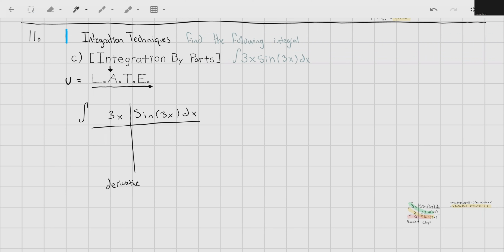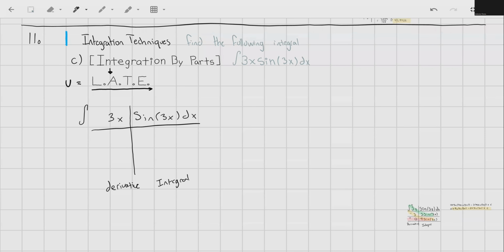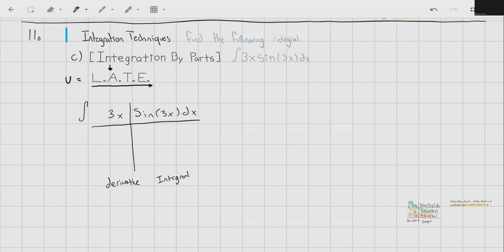The right side is the integral. So we're going to take the derivative until it gets to 0. Next derivative of this one is just 3. Next step just becomes 0. So we stop there. So we need 2 more squares on the right side.